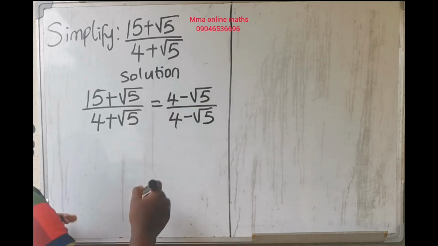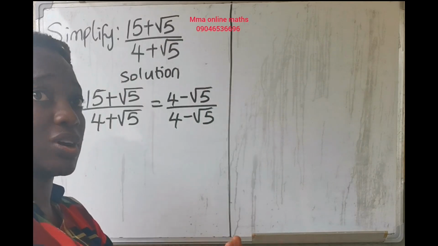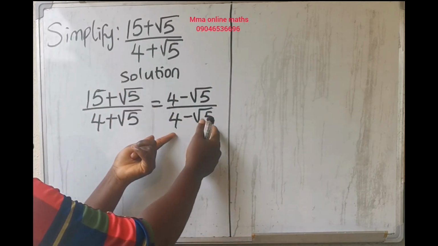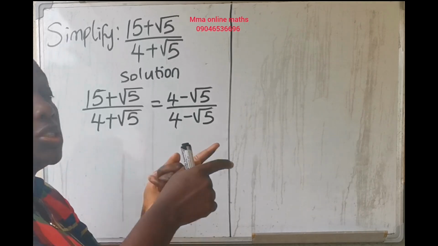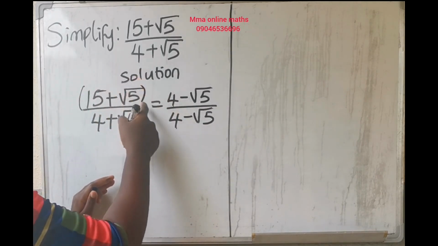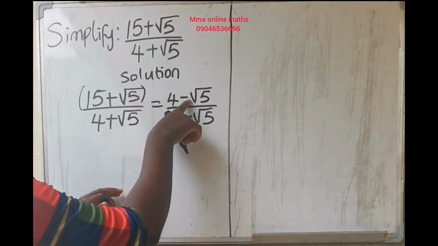To borrow a leaf from the English language, to rationalize something means to divide it in equal ratios. So anything we do to the numerator, we also do the same to the denominator. Therefore, if we cross multiply, you observe that this will be multiplying this and this will also be multiplying this.